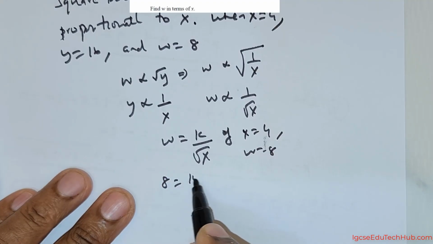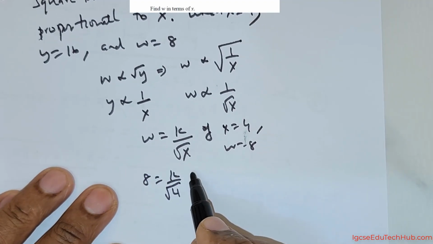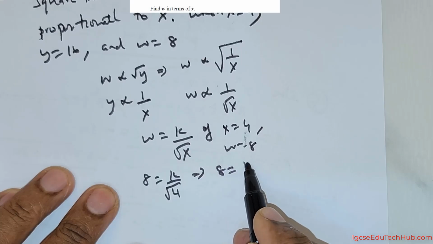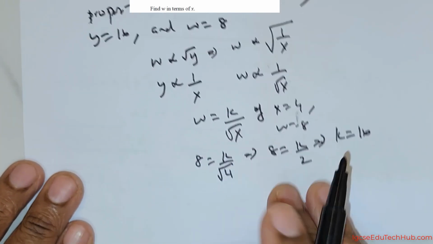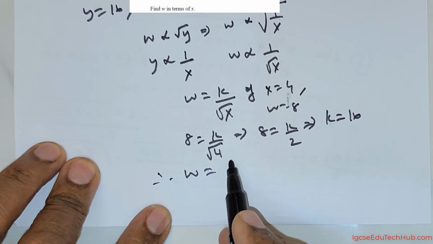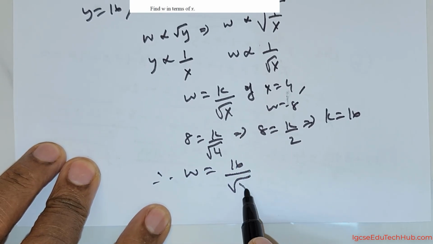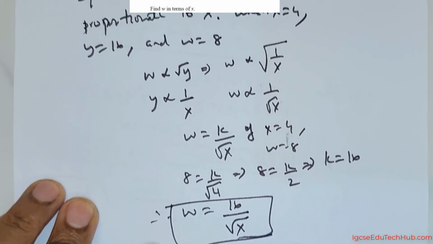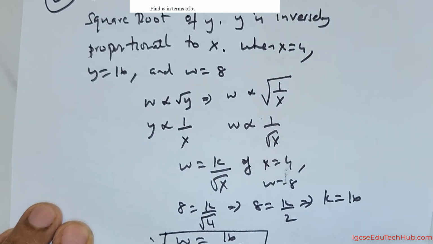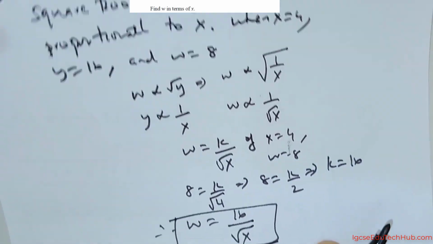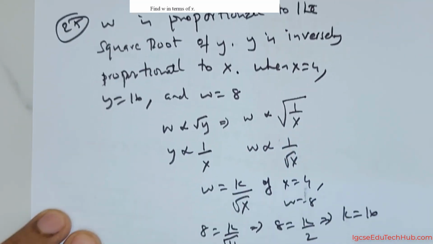So W is equal to 8, x is equal to 4. So this means 8 is equal to k over 2, which means k is equal to 16. So therefore W is equal to 16 over root of x. This is what is required. Okay, so they are asking us to express W in terms of x. So that's the solution of this question.